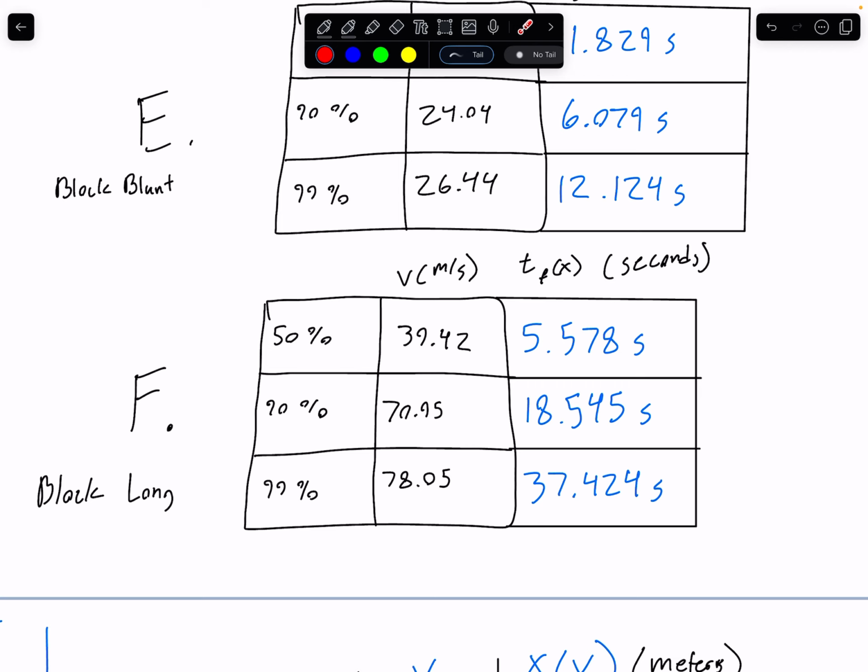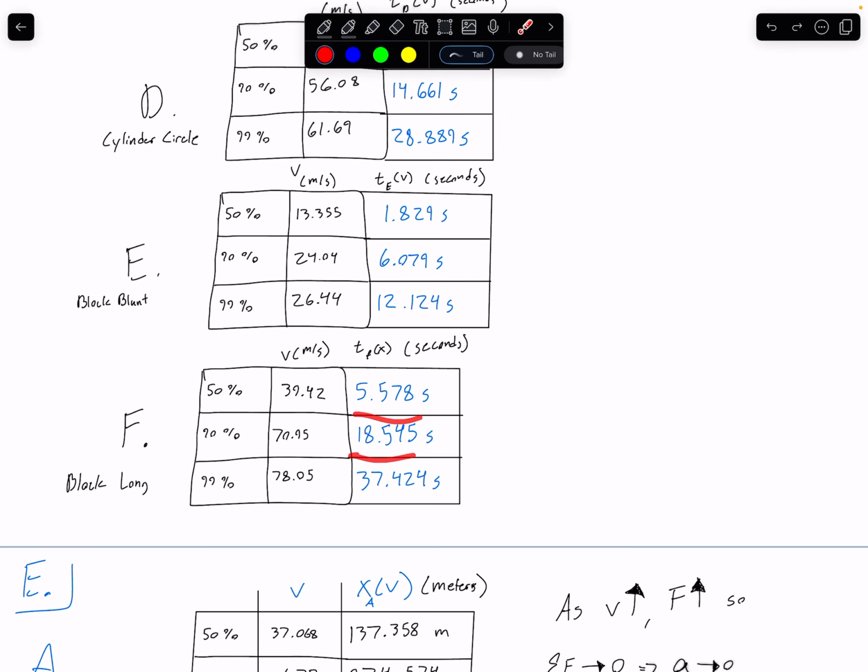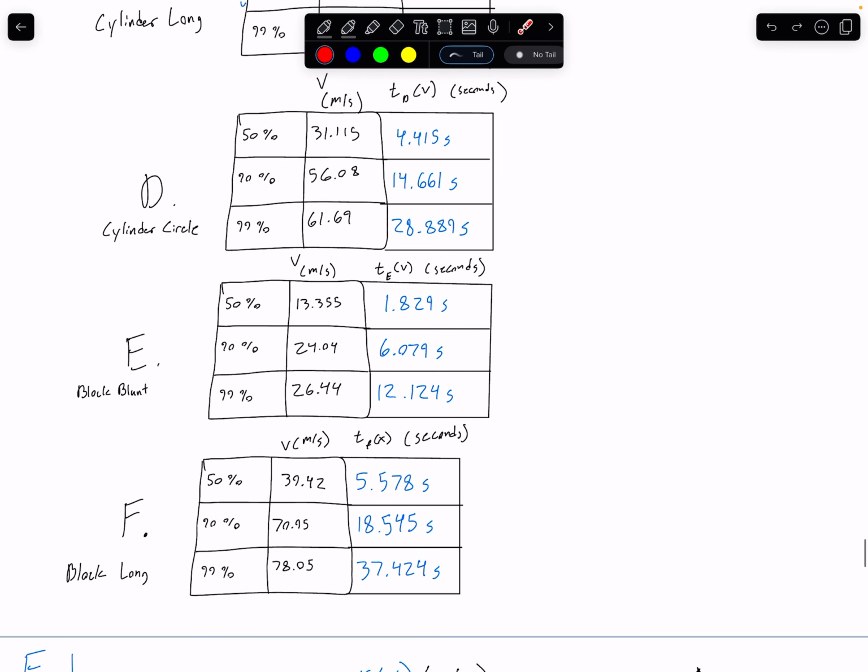Then 90% of terminal velocity will be 18.545 seconds, and then 99% is 37.424 seconds. So, again, very similar trends. That's about double, and about 3 times that.